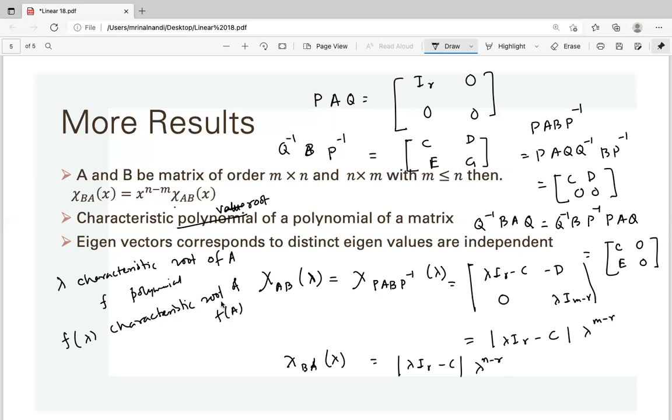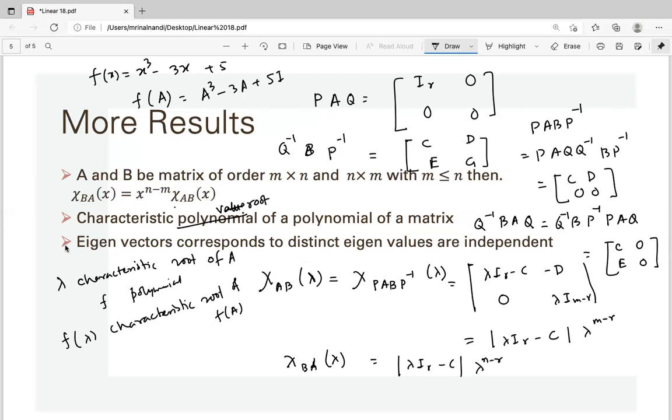By the way, what is f(A)? It is a polynomial matrix. Say if f of x is x cubed minus 3x plus 5, then the corresponding f(A) is A cubed minus 3A plus 5I.